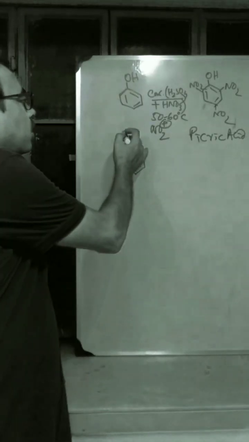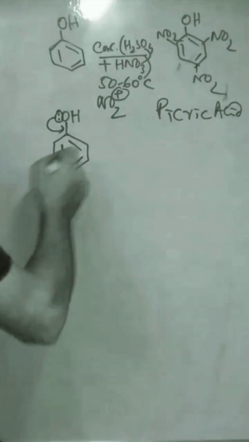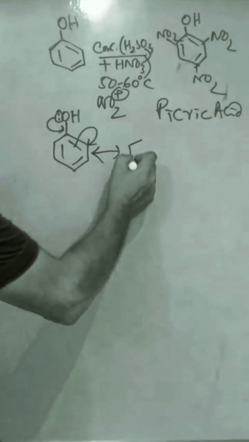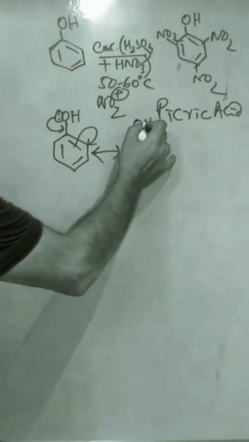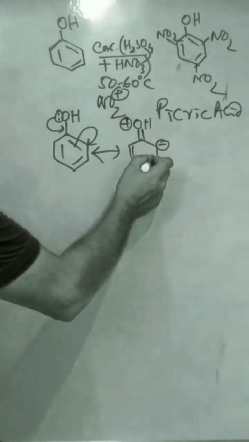How does it happen? It makes a double bond here and the pi bond shifts to this carbon to form a resonating structure where a double bond is formed, oxygen is carrying a positive charge, carbon is carrying a negative charge, and these two double bonds remain intact.